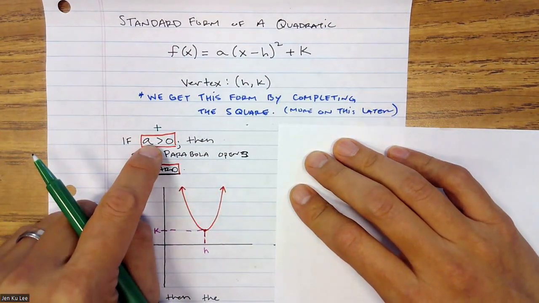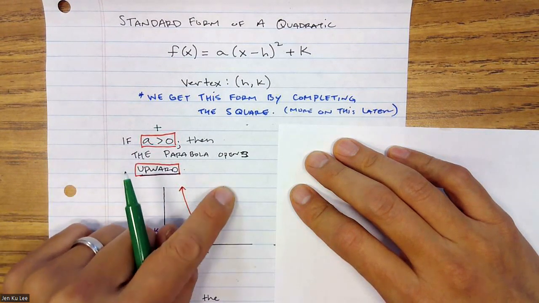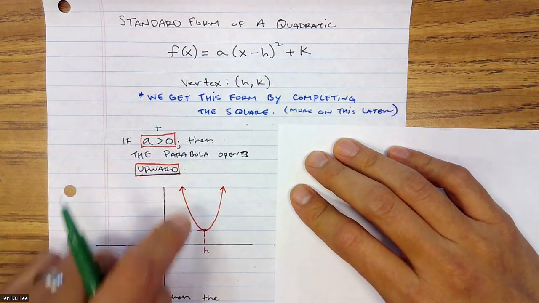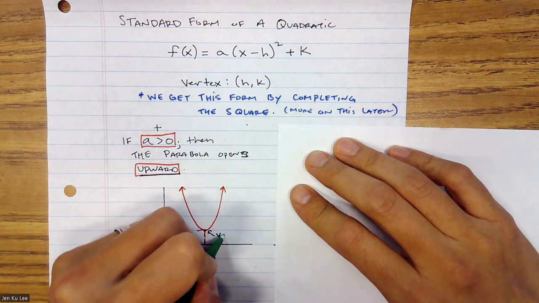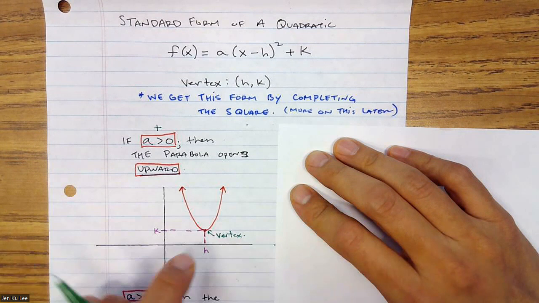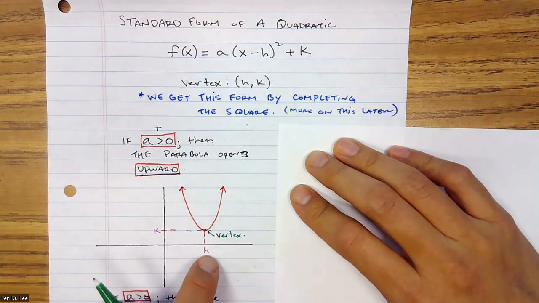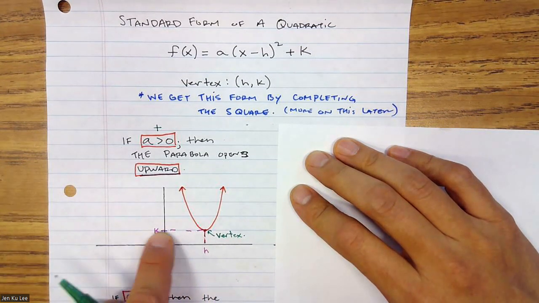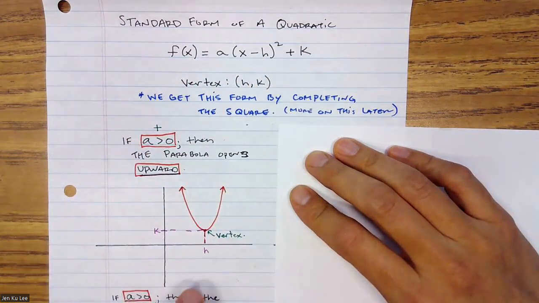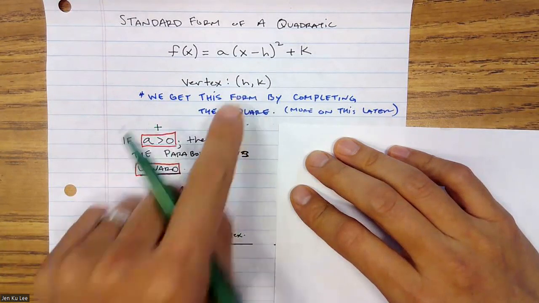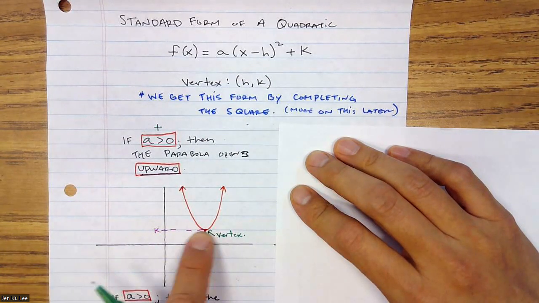If a is positive, then it's going to open upwards. Here's my vertex. That point right there is my vertex, the lowest point, and it's going to be h and then k. That's why h comma k is my vertex, because those are my x and my y values.